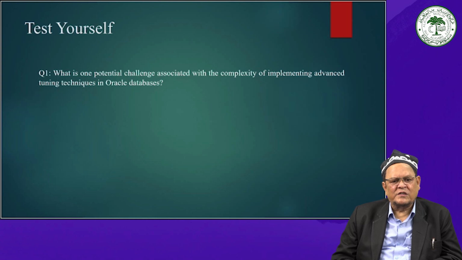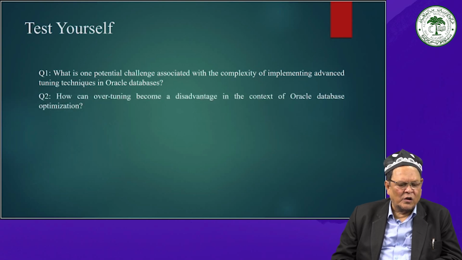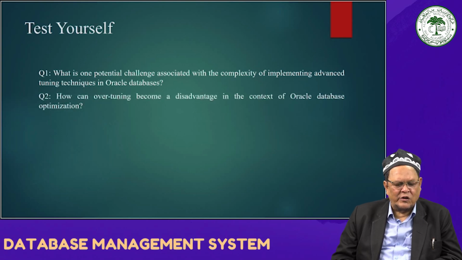The first question is, what is one potential challenge associated with the complexity of implementing advanced tuning techniques in Oracle database? The next question, how can over-tuning become a disadvantage in the context of Oracle database optimization?